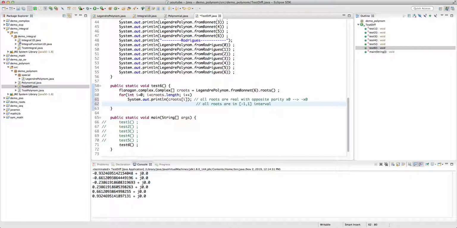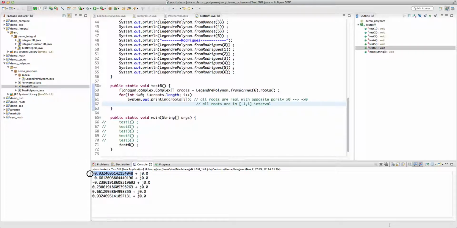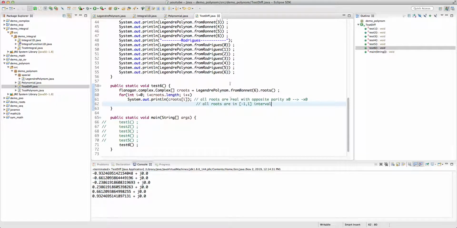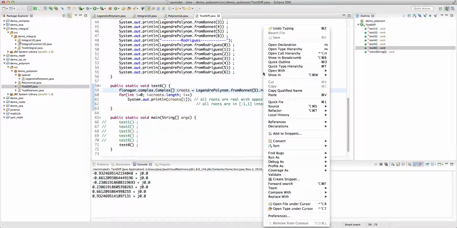They should all be there, and that's the case. Minus 0.932, minus 0.666, minus 0.2386, plus 0.2386, 0.06612, 0.9324, and for the odd order or odd degree, one root should always be 0.